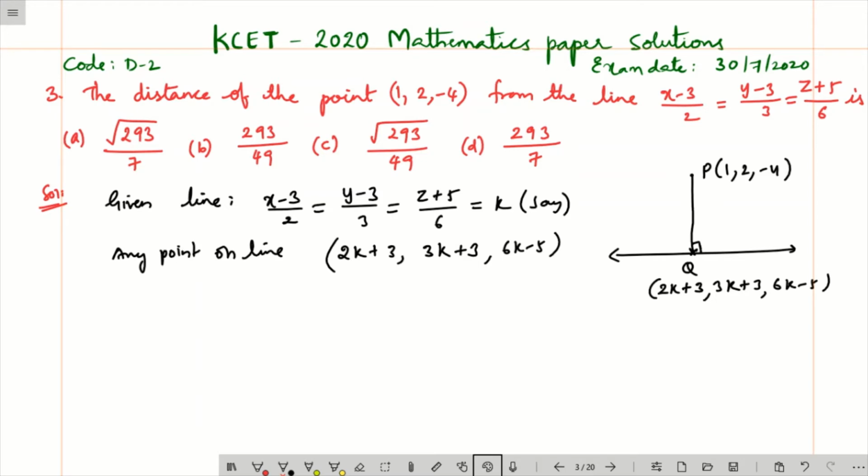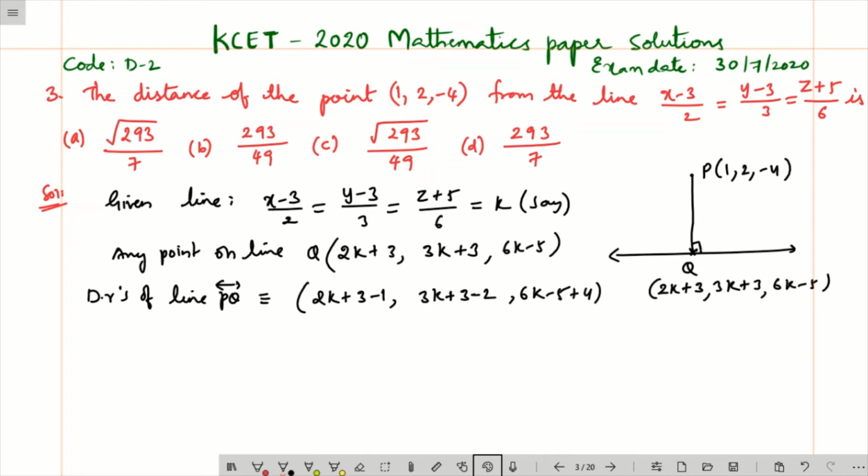Put a perpendicular to this point Q. Now what are the direction ratios of PQ? Since the direction ratios of two points are nothing but the difference of the coordinates, we can take 2k+3-1, 3k+3-2, 6k-5+4.